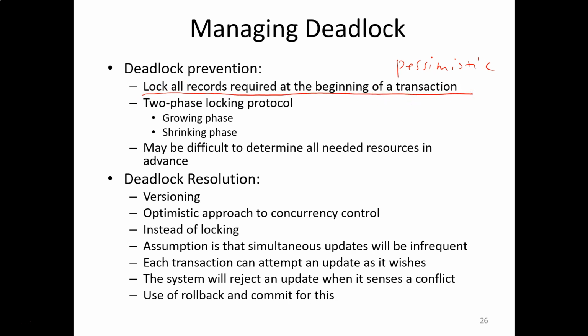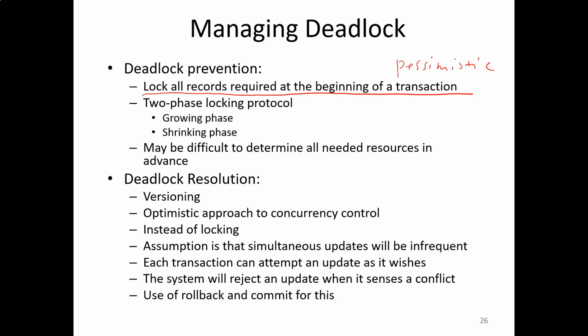So in this case, when user 1 starts the transaction, the system is going to lock both A and B at the beginning. So when user 2 tries to perform the same transaction, user 2 will be denied. User 1 performs the transaction and then will release the lock on both A and B, and then user 2 can perform the transaction. So that's called a pessimistic approach because it uses a lock to resolve the issue.